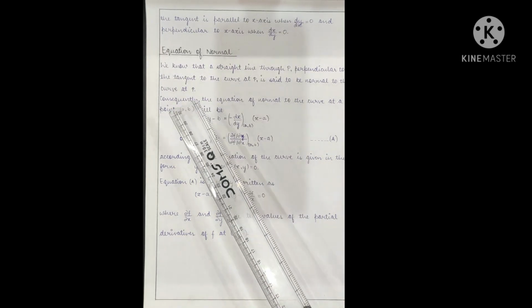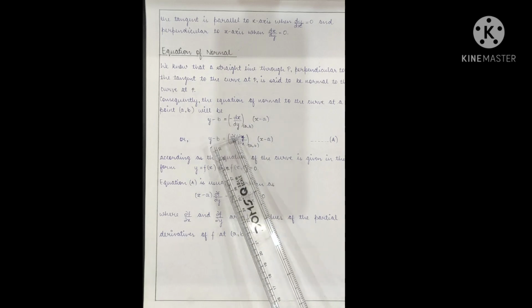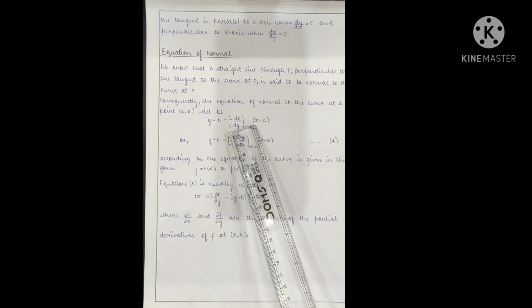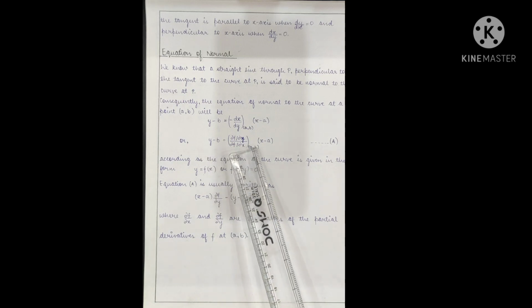Now, how to calculate the equation of the normal? First, what is the normal? The normal is the perpendicular to the tangent to the curve at P. So the equation of the normal at any point (a, b) will be y minus b equals minus dx by dy at (a, b) into x minus a, or it can also be written as y minus b equals del f by del y whole upon del f by del x at (a, b) into x minus a.